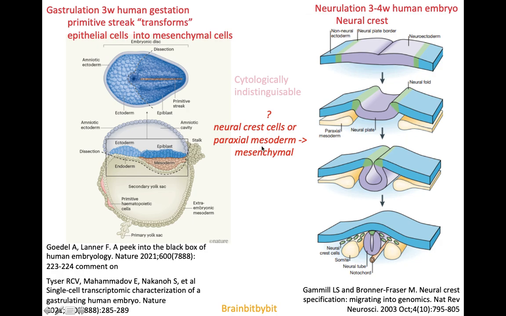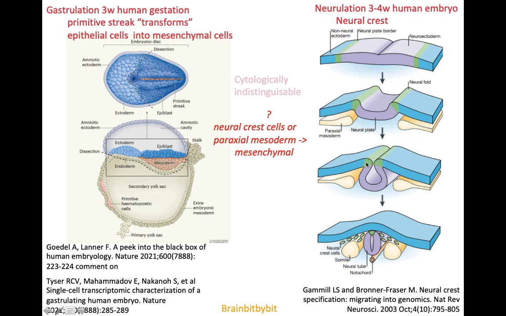The mesoderm is formed during gastrulation, when cells from the epiblast migrate through the primitive streak, transforming from epithelial cells into mesenchymal cells. A few days later, there's neurulation, there's the neural plate, and the borders of the neural plate become the neural crest.